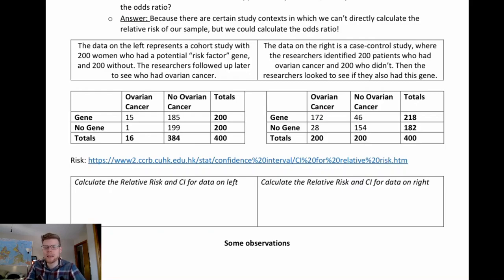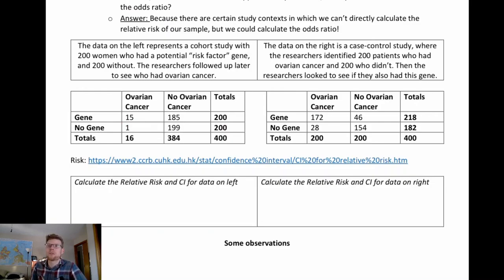And then we're going to see if there's a difference in the outcome of interest between the two groups. In the group where women had the gene, 15 of them eventually developed ovarian cancer out of 200, whereas in the no gene group, only 1 out of 200 developed ovarian cancer.